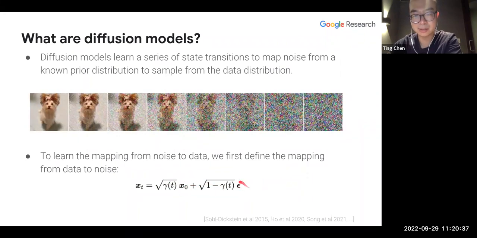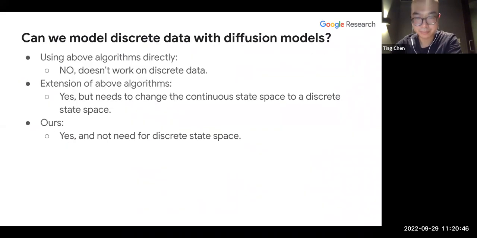Gaussian noise is continuous, and then this interpolation is continuous. So they have to change that to a discrete state space to work. But although they can do that, I think the results are still not as satisfactory compared to, let's say, an autoregressive model, which we will see later on.